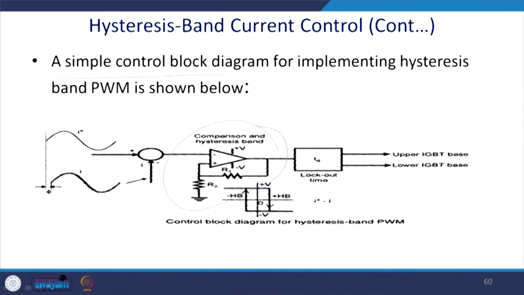So, same thing, you will have a positive feedback, and R1 and R2 will be the ratios of the band which you want to set. It may be 1K, it can be 10K. So, that may be a 10% band. Similarly, you can have 5%, 1%, whatever band you want, but generally this is a proportional band.